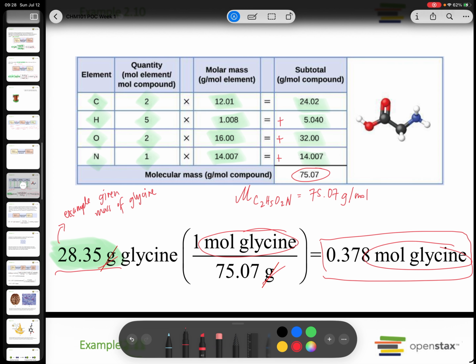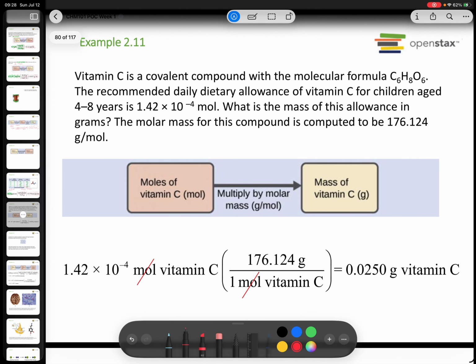So, more examples. Yan. So, vitamin C has a molecular formula of C6H8O6. So, yung recommended daily dietary allowance daw for children age 4 to 8 years old is ito, 1.4 times 10 to the negative 4 moles.